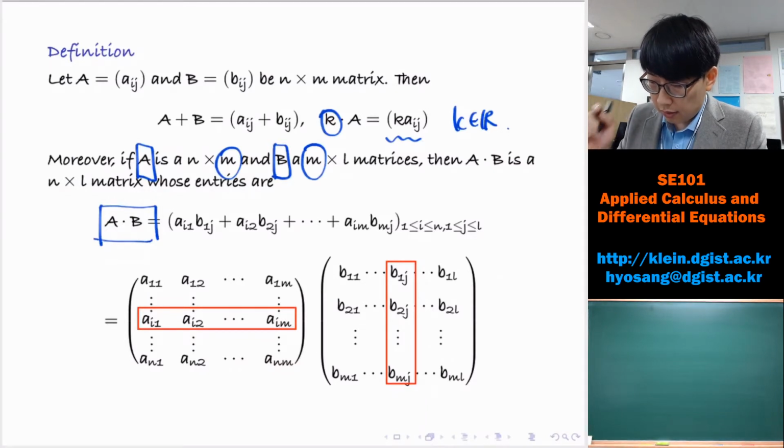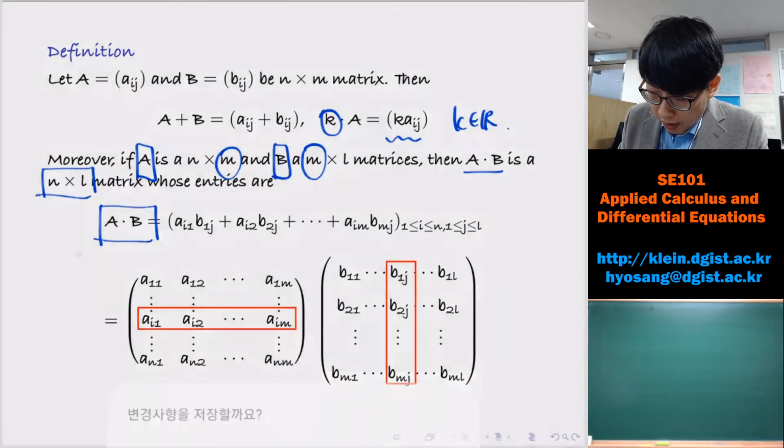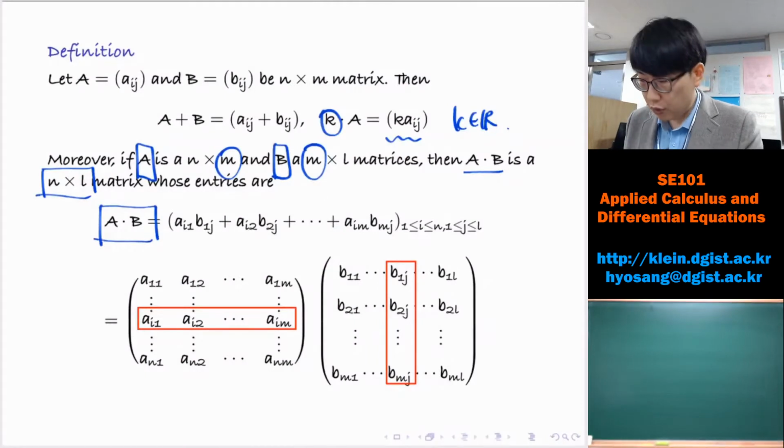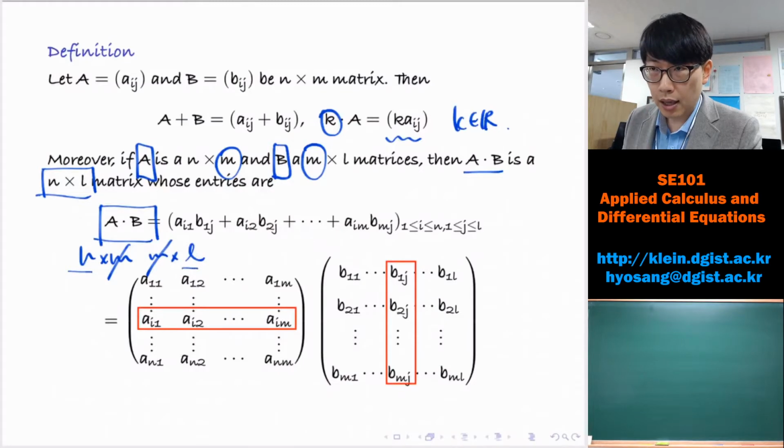A contains m columns and B contains m rows. Only then can you define the multiplication. The result, A times B, is another matrix, an n by l matrix. When you multiply n times m and m times l, the m cancels out, and what you get is n times l. That's the resulting matrix after multiplication.